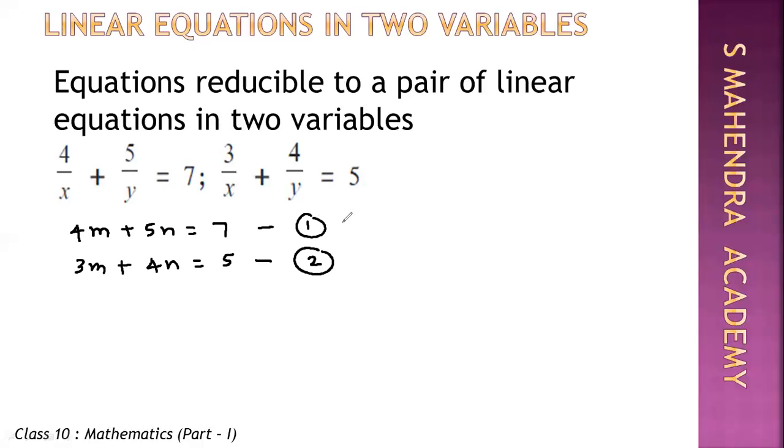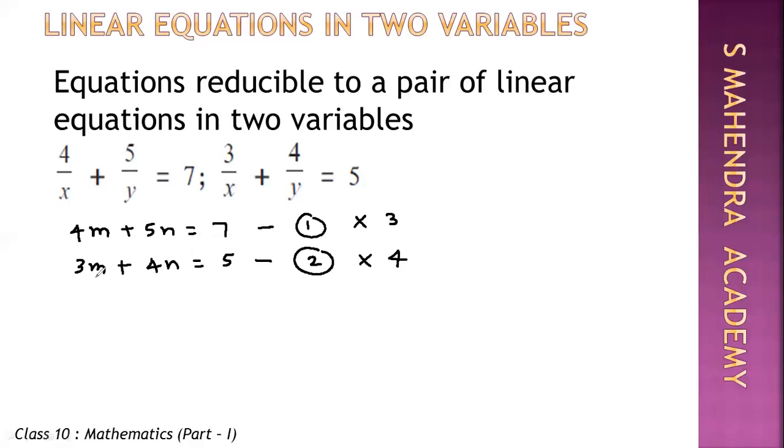Therefore, we will multiply equation number 1 by 3, that is the coefficient of variable m from equation number 2, and equation 2 by 4, the coefficient of variable m from equation number 1.